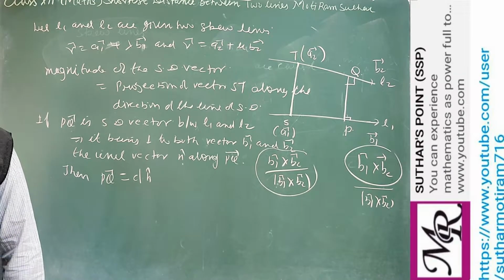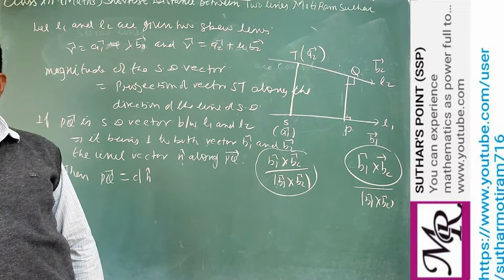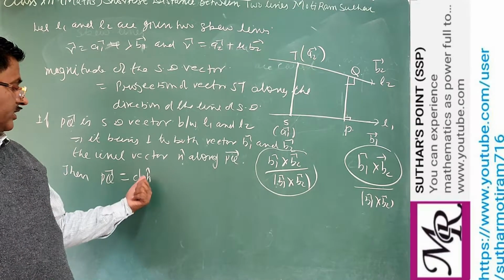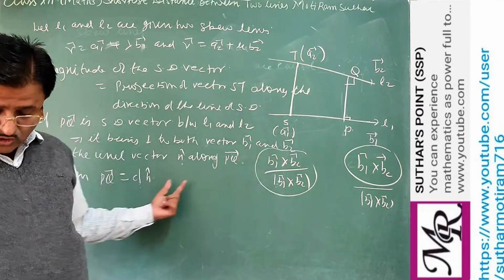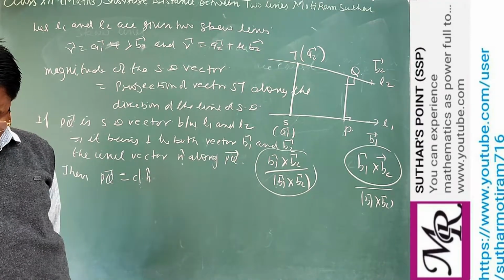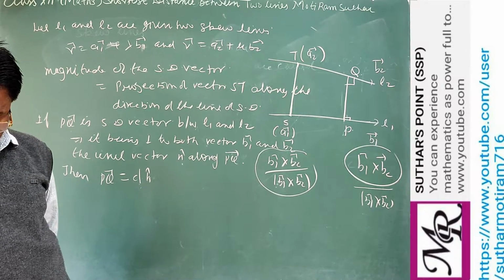In the previous chapter we already learned how to find the vector in the direction of the given vector or perpendicular to the two vectors. So magnitude into direction. Direction, that is n cap, is given by this. So we get the vector PQ equal to D into n cap. Clear?